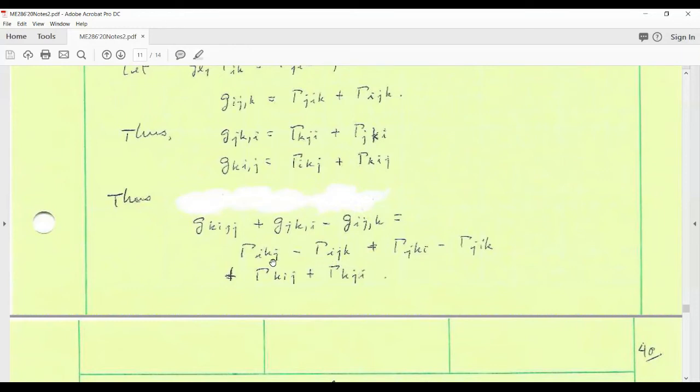This is important because the symmetry in the second and third subscripts can now be invoked. This term will annihilate this one, and this one will annihilate this one. Here we have a sum, so these will combine. This one is the same as this one because of the symmetry in the second and third subscripts. So I'll get a factor of 2 here.